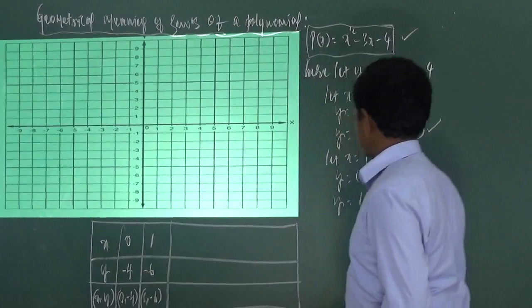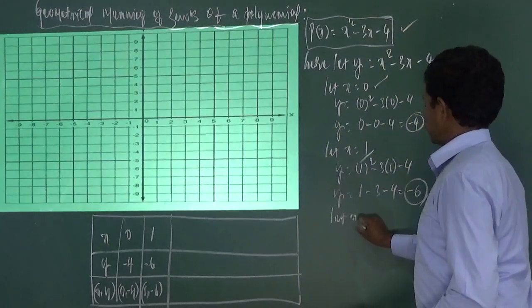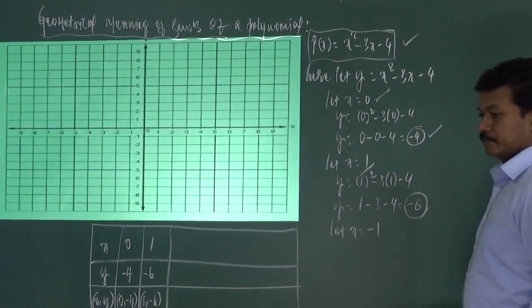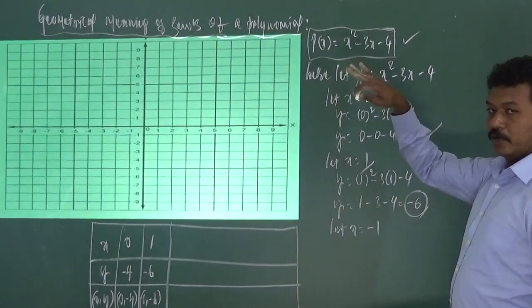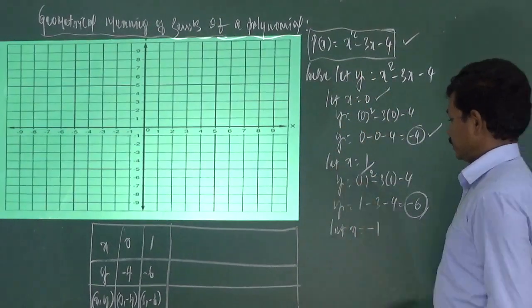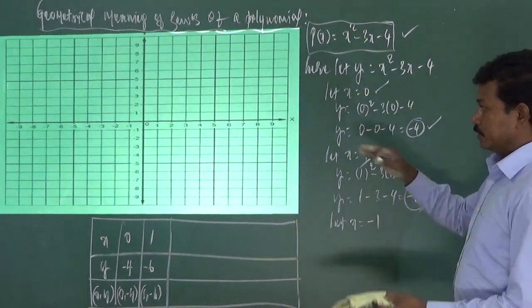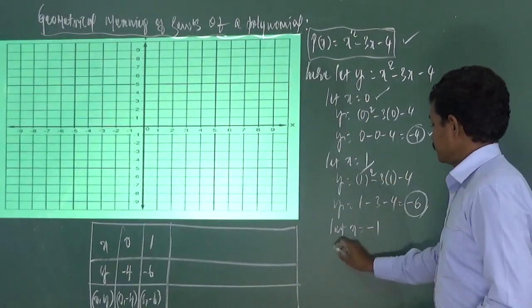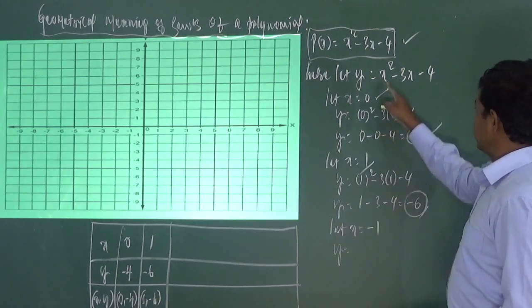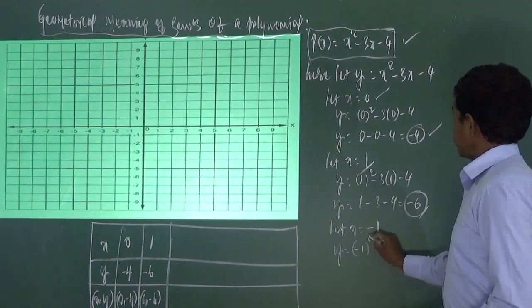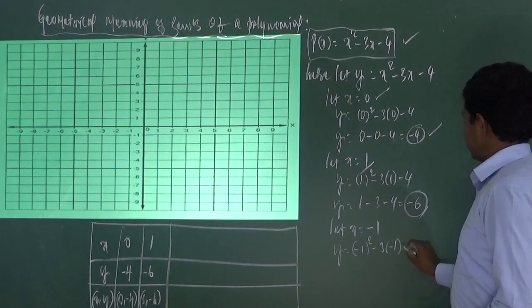Let us go with another value. So let x is equal to, let us give some negative values also. As it is a curve, we need both positive and negative values because it lies in all the 4 quadrants. So y is equal to minus 1 whole square, minus 3 into minus 1, minus 4.